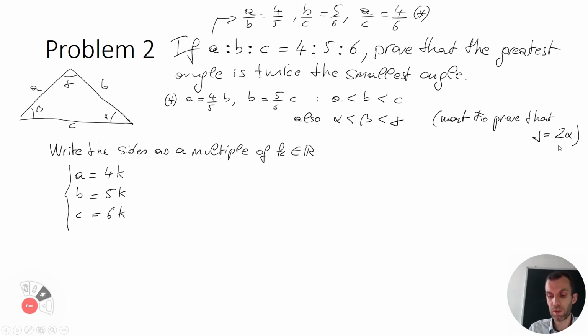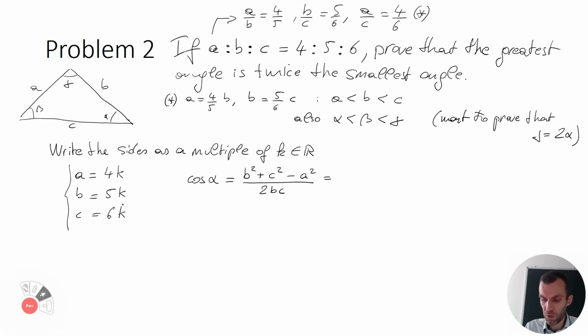Okay, so now let's try to say something first about the angle alpha. For alpha, I can use the cosine formula because now I have 3 sides. If you massage the formula a bit, you get cosine of alpha equals b squared plus c squared minus a squared divided by 2bc.